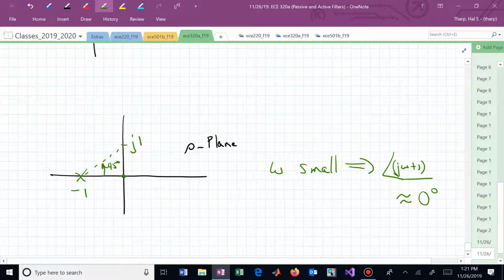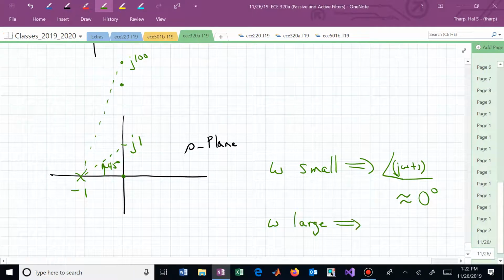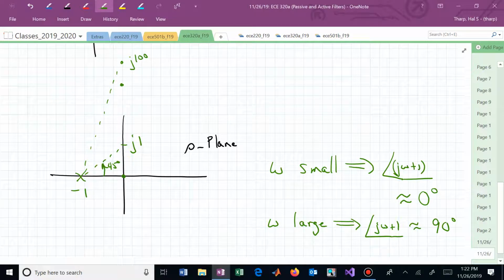And as I get bigger with omega, which that's not j100 in the scale that I'm using, but now omega large, the angle of j omega plus 1 is now 90 degrees, but since it's a pole, since it's downstairs, it now gets subtracted.